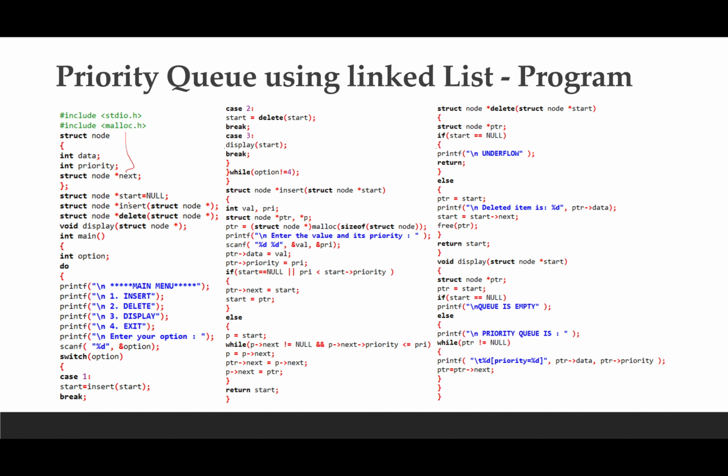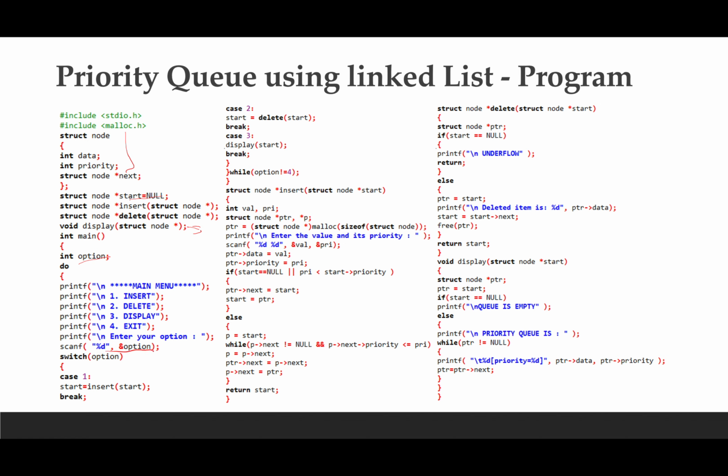Here we assign the structure variable start equal to null, and we declare the variables. Display is a function, and here we are using the option declaration. Then we are using a switch case statement, and to print all the options we are using printf statements.